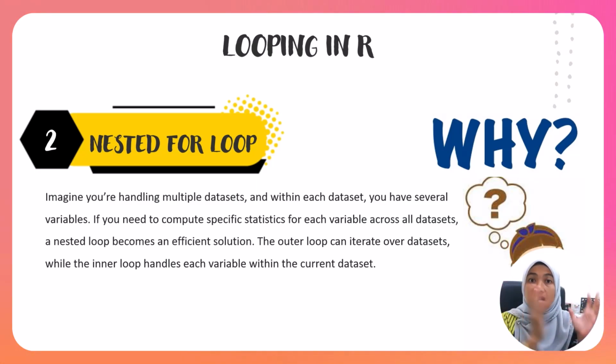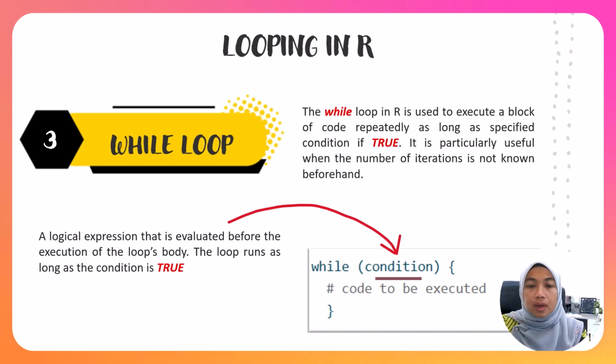If you need to compute a specific statistic for each variable across all data sets, a nested loop becomes an efficient solution. The outer loop can iterate over the data sets while the inner loop handles each variable within the current data set.